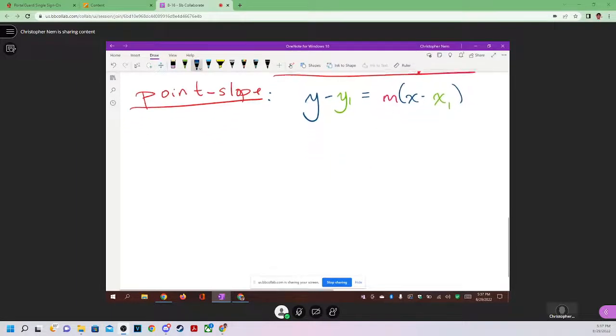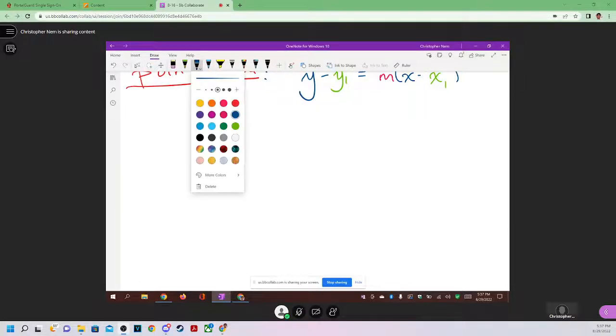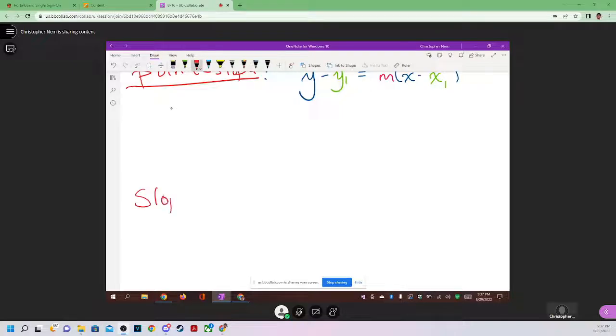And then you have your slope intercept form. Slope intercept form is in the form of y equals, and then you have your m, and then the rest is x plus whatever your b term is.